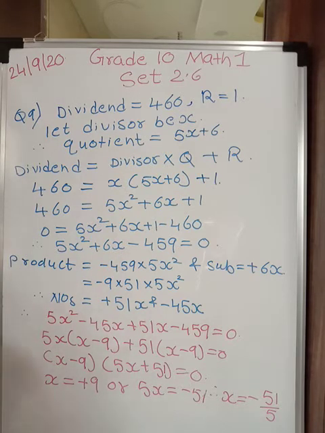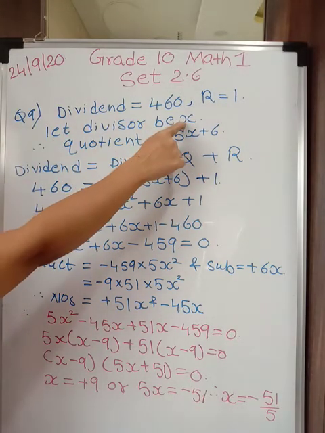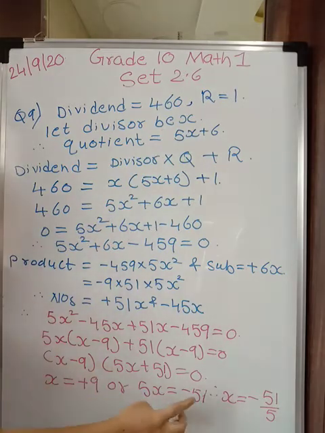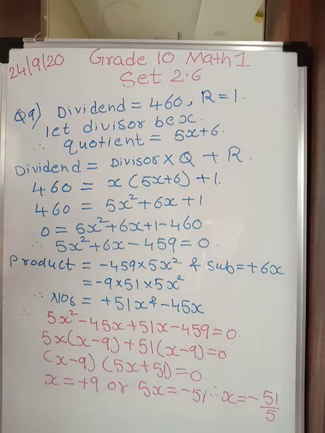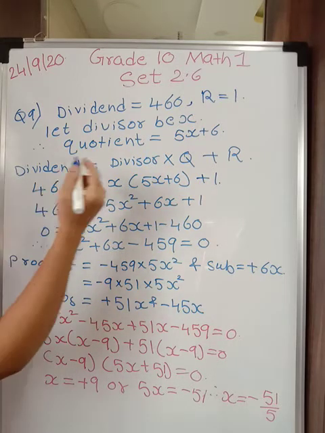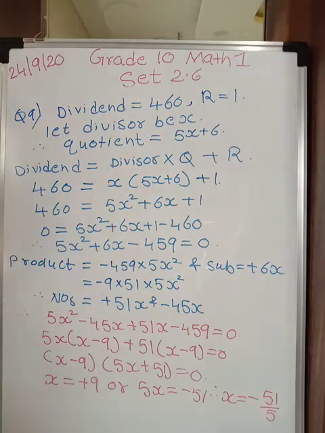Now see students, the divisor let it be x, but it is given it is a natural number. A natural number can't be negative, no? Counting numbers we start with plus 1, and therefore minus 51 upon 5 cannot be your answer. So what will your divisor be? I'm just erasing this.